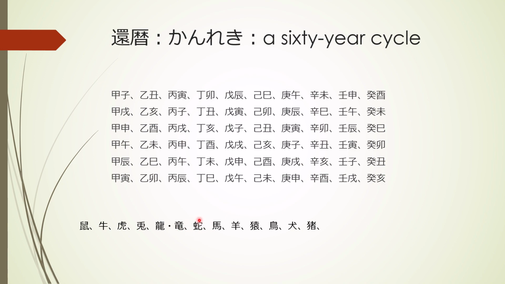Hebi, again, very different to this hebi here. Uma, again, very different to this, which looks a little bit like ushi. Notice the difference in the stroke. Hitsuji, okay, very different to the hitsuji here. Saru, again, different to the saru.